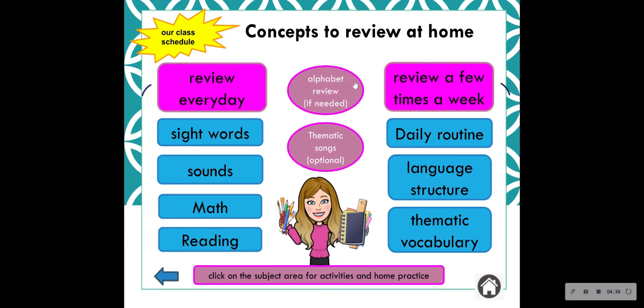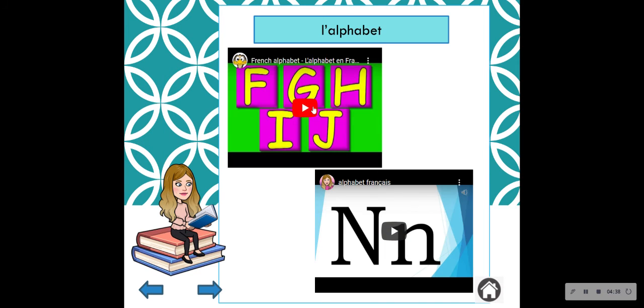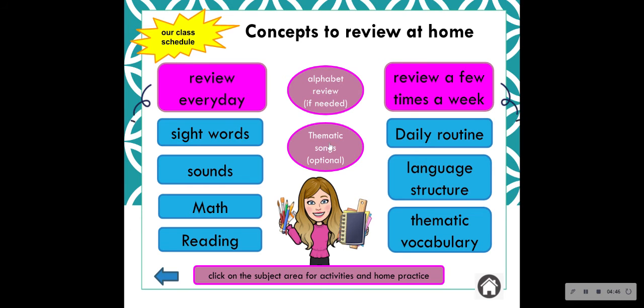If your child still needs some review for the alphabet, this will take them there, and there's some videos here where they can practice the alphabet. And if you need reference for how to say the letters in French, that's there. And the same thing with some songs. So if you click here, it'll take you to just some different songs that we listen to every day, but that's some optional stuff if you want something extra.